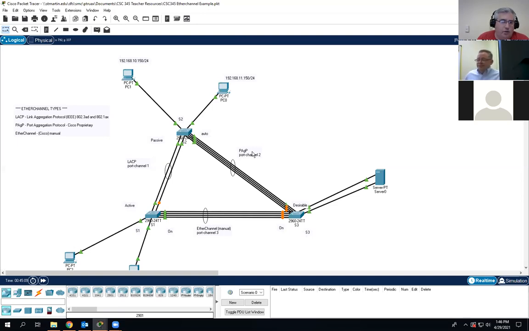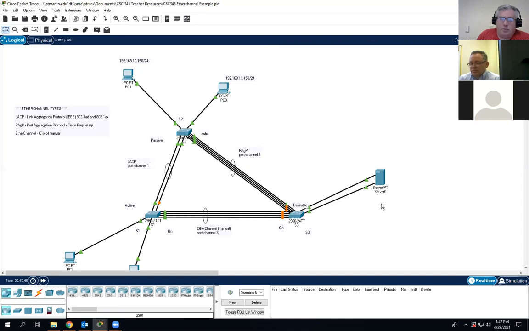PAgP is very similar, except it's Cisco proprietary, and it has an auto and a desirable side to it. So very similar to LACP, and in fact, I think Cisco worked on the specification for LACP, and then kind of made their own and made it more Cisco-ish. But they have to do auto and desirable because, of course, you can't do passive and active, you've got to name it different.